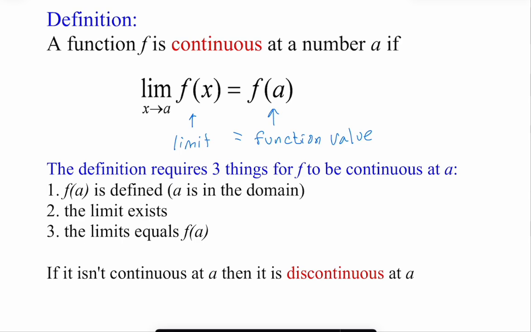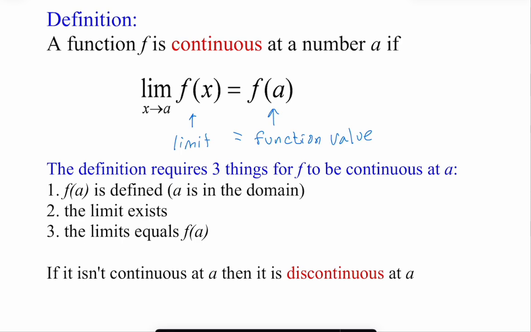So the first thing you always check is, does f of a work? The second thing you check, does the limit exist? And then the third thing you check is, do they match? We say if it is not continuous, we're going to use the word discontinuous or a discontinuity at that spot.